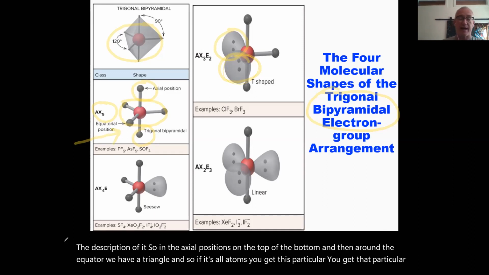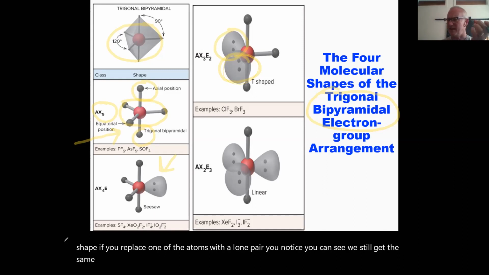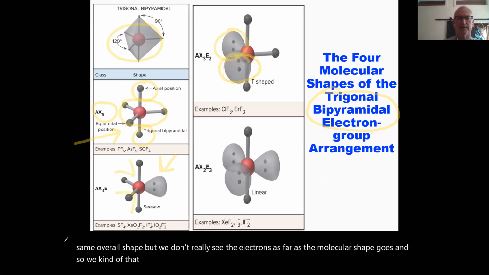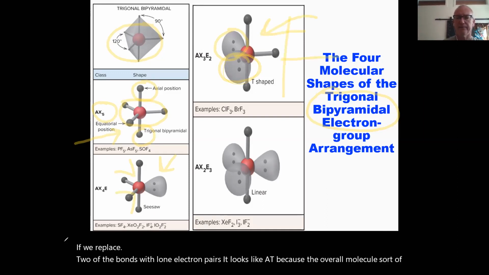If it's all atoms, you get that particular shape. If you replace one of the atoms with a lone pair, you can see we still get the same overall shape, but we don't really see the electrons as far as the molecular shape goes. And so it looks like a seesaw a little bit, and we actually call it seesaw shape. If we replace 2 of the bonds with lone electron pairs, it looks like a T, because the overall molecule just looks like that.